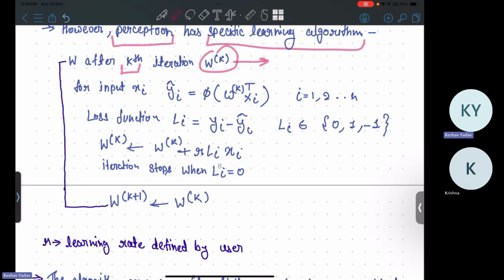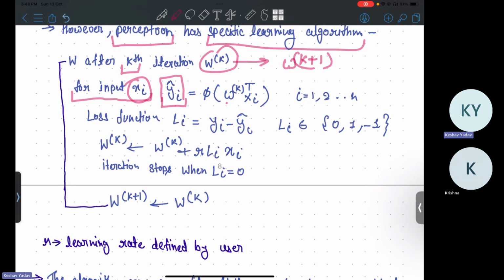Now we wish to find W at the (k+1)th iteration. For input xi, we will find y hat i, which will be equal to phi of W at the kth iteration transpose xi.